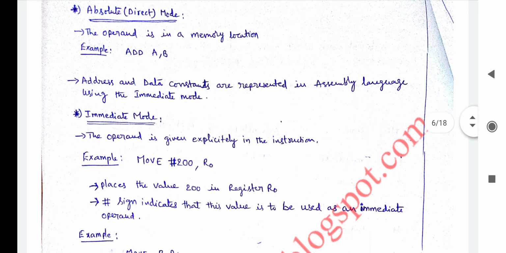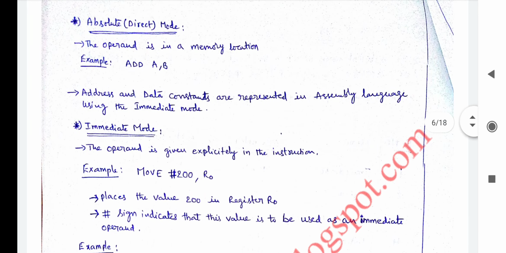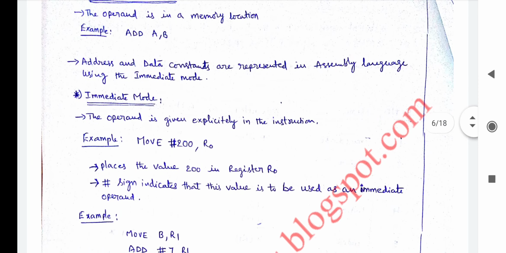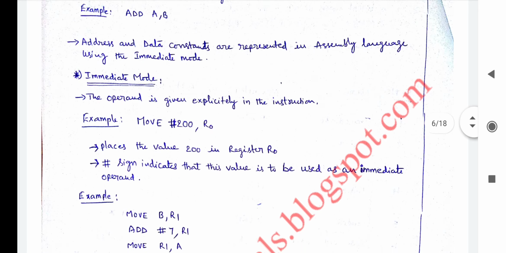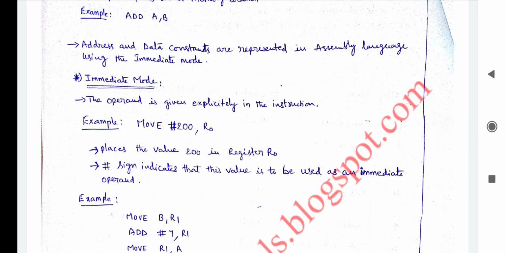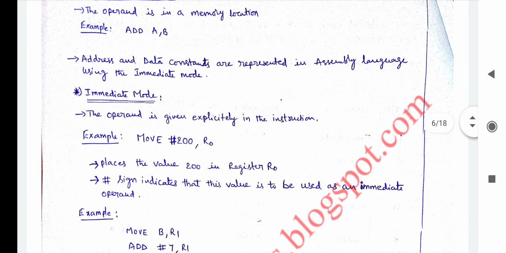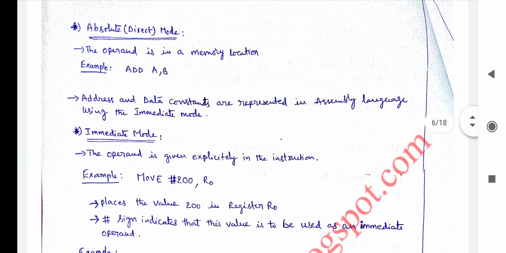Example, add A comma B. It means the contents of A and B are added and the result is stored in B. The contents are stored in a direct memory location. We cannot use any registers. That is direct addressing mode.